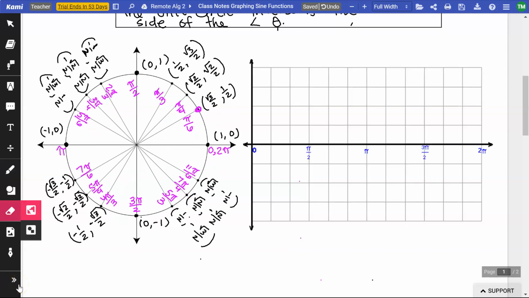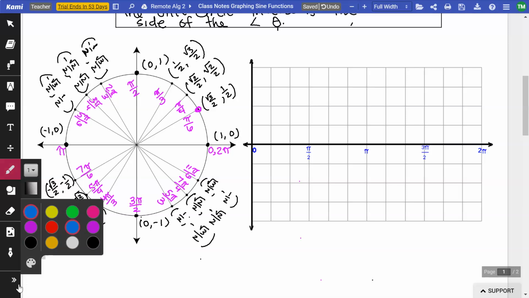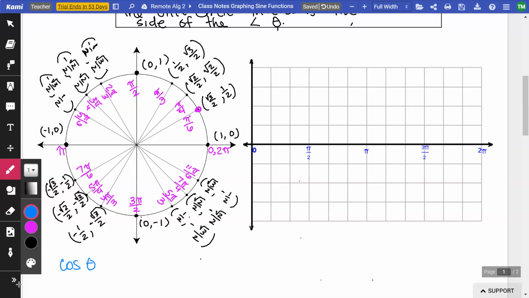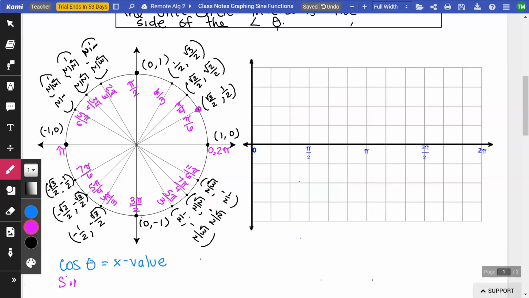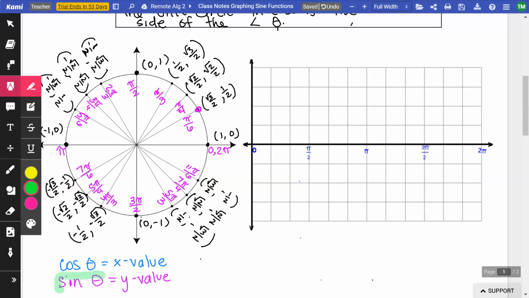As you can see, I just finished filling in my points of intersection on our unit circle, so we know all of our x and our y values. I just want to give a little reminder that the cosine of angle theta is equal to the x value of those points, and the sine of angle theta is equal to the y value of those points.